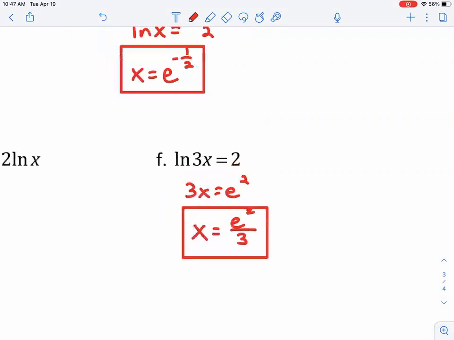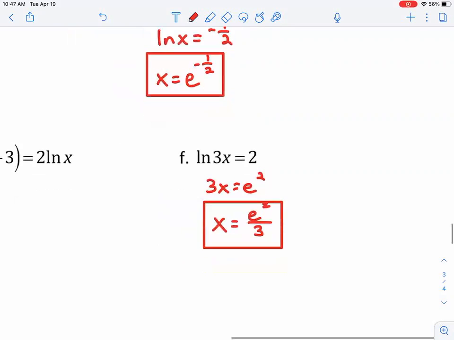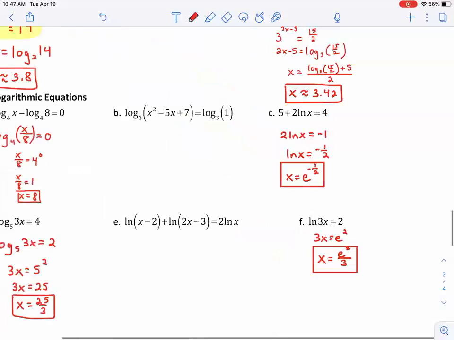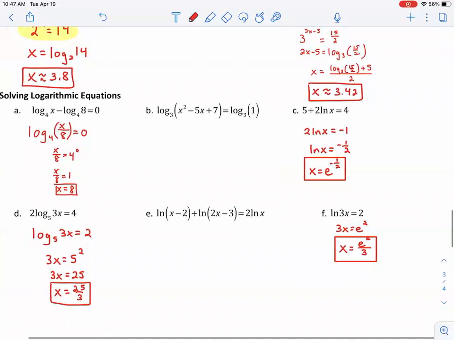That is our exact answer. If we wanted an approximate answer, we would just plug that into our calculator. Okay, so the idea is we're trying to take those skills that we learned before our little break and use them to solve these equations.